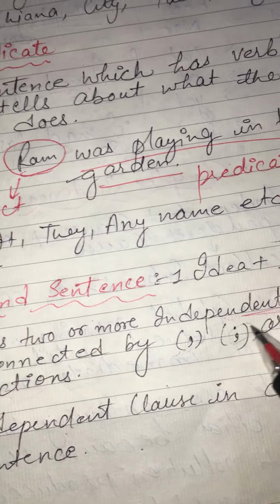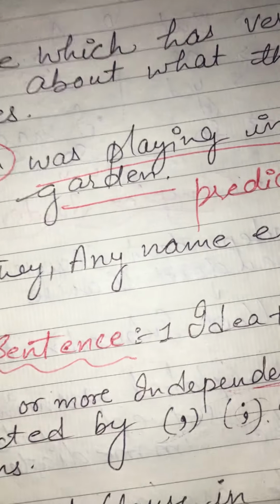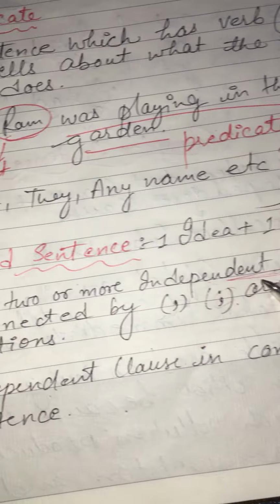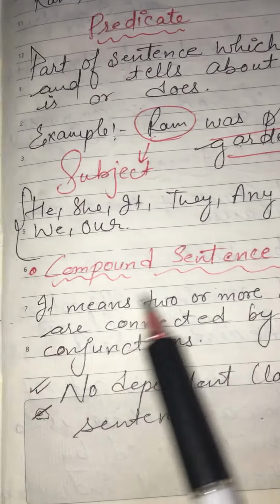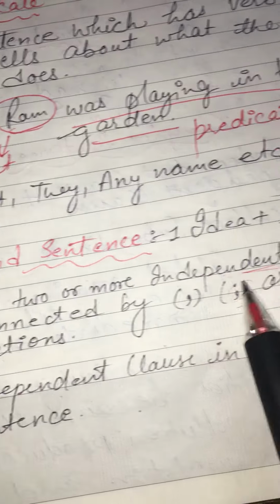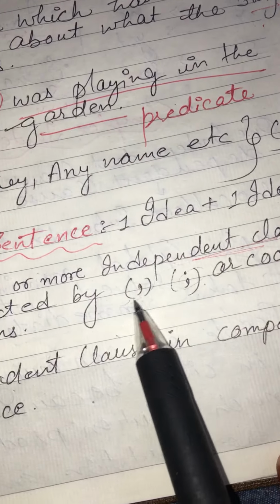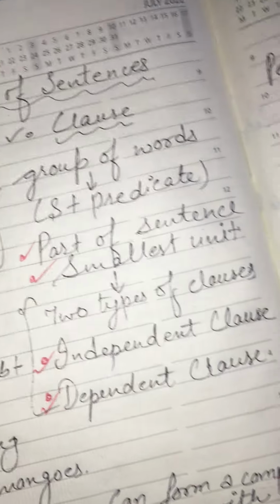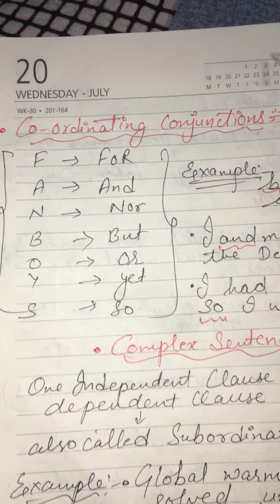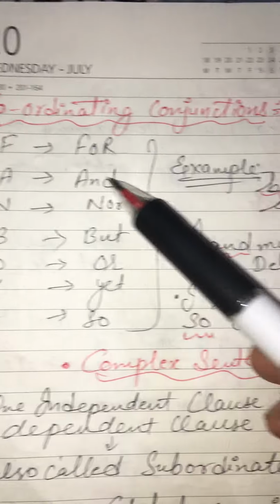Independent clause means which has full meaning, which expresses the whole meaning of the sentence. These independent clauses are connected by comma, semicolon or coordinating conjunctions. So now let's learn about the coordinating conjunctions, which are important to make compound sentences.